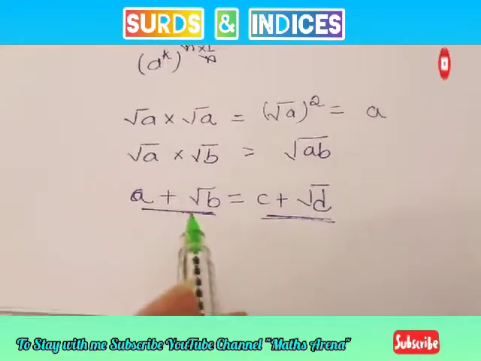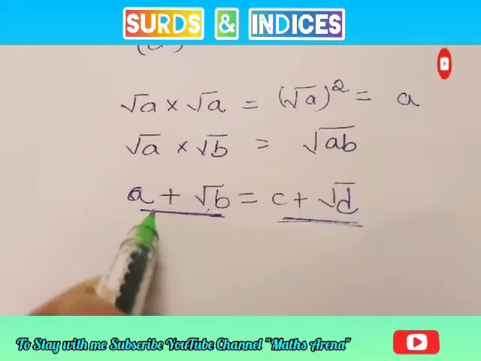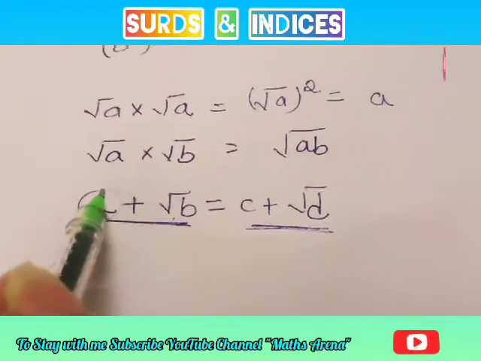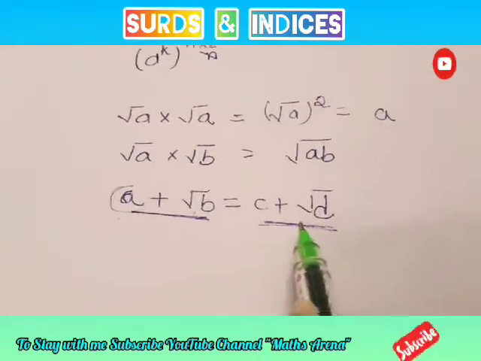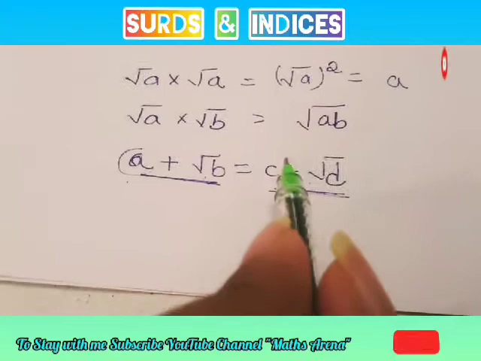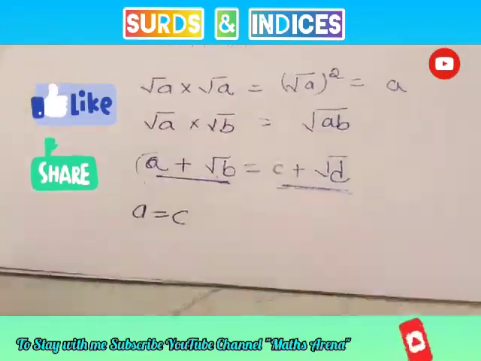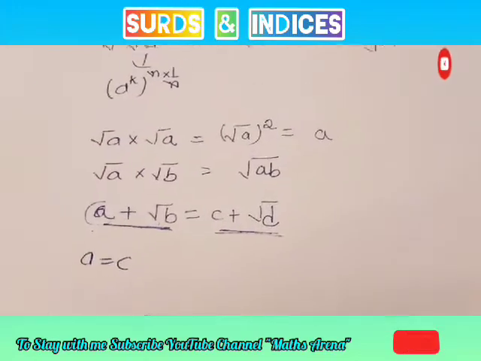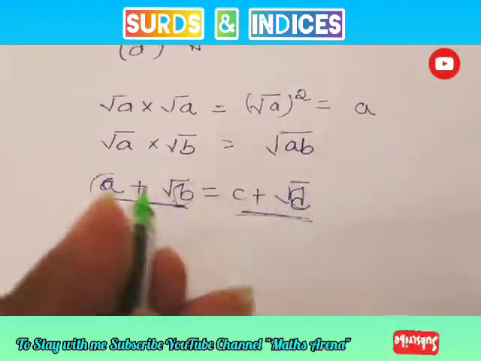So what we can do, the part on the left side which is free from the root will be equal to the part on the right side which is free from the root. So a equals c. Similarly, b will be equal to d.